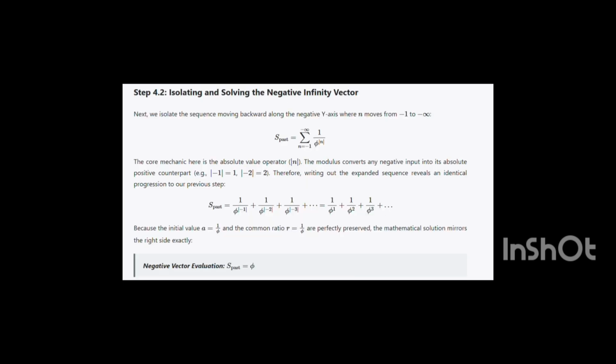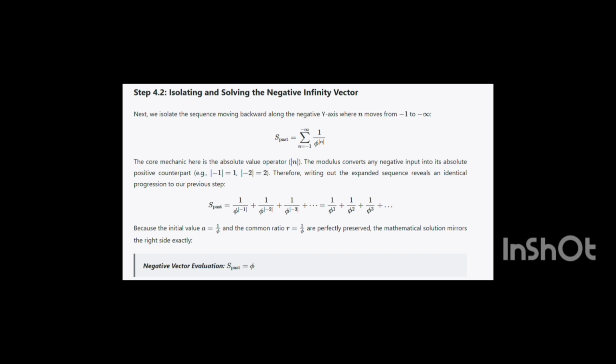Now, since we are done with the positive infinity factor, let's come and isolate and solve the negative infinity factor. So what was our initial summation? It was S equals summation n from minus infinity to infinity of 1 by 5 to the power mod n. It was the original one which we had from the initial proof.